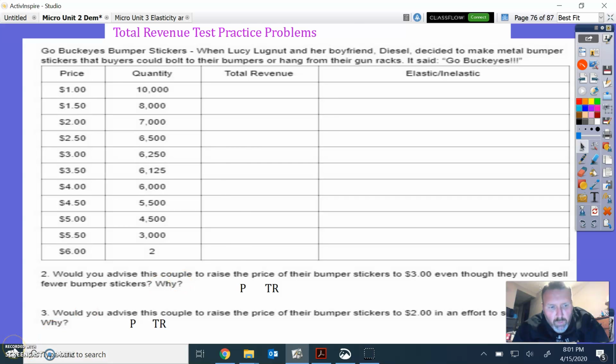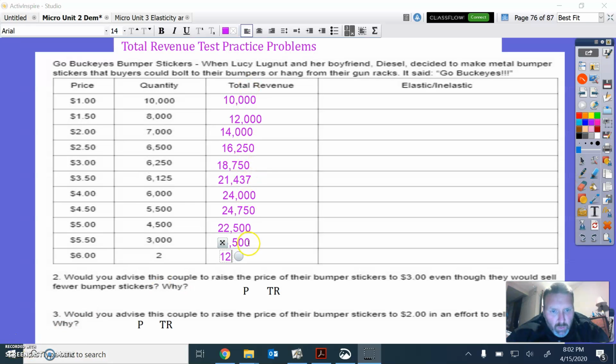3, 2, 1, go. Looking at this going forward here, here's the total revenues to that point. So the price from here to here is always going up. So price goes up, total revenue goes up. Inelastic. The price is still going up, and so is the total revenue.